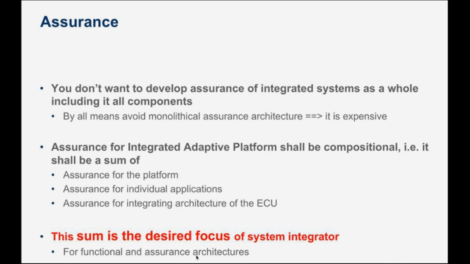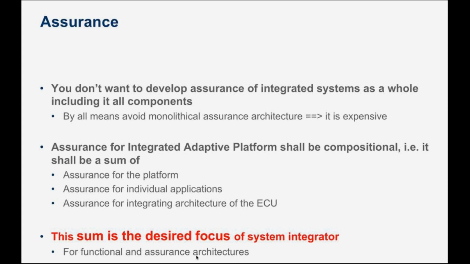So now if we really do a decomposition of the platform, we can say, okay, we can do the assurance of the platform on its own. We can do the assurance of individual applications on their own. And we can do the assurance of the integrating architecture of the ECU.